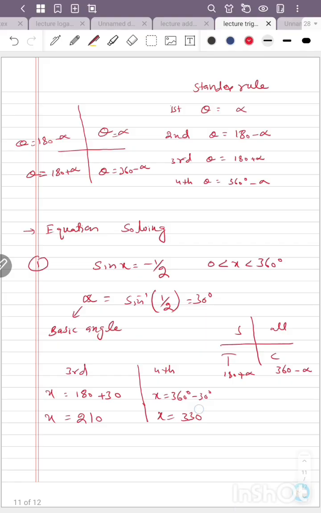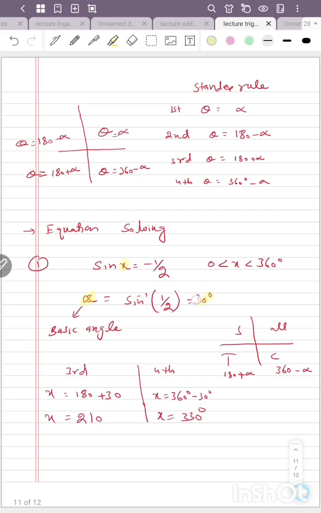Once more I have to explain this question. We are solving the equation sin x equal to minus 1 by 2, interval is 0 to 360. We have converted into the alpha angle because we know the angle is over x. Here we have angle x, but alpha is just the basic angle.